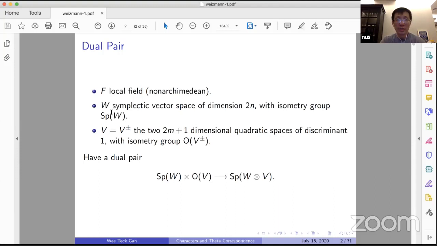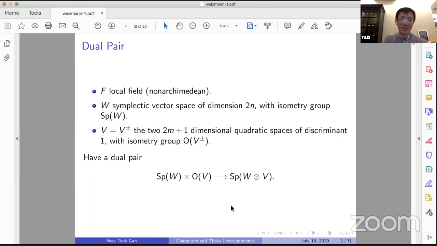If you are working over an Archimedean field, there will be several more such quadratic spaces, because they are classified by signatures. In any case, when you have a symplectic space and a quadratic space, their tensor product is naturally a symplectic space. There is a natural map from Sp(W) cross O(V) to Sp of the tensor product, and the images of these two groups are mutual centralizers of each other in this larger group.